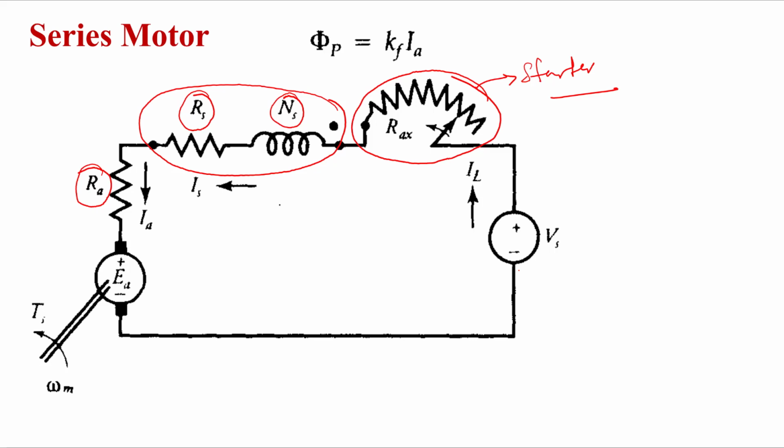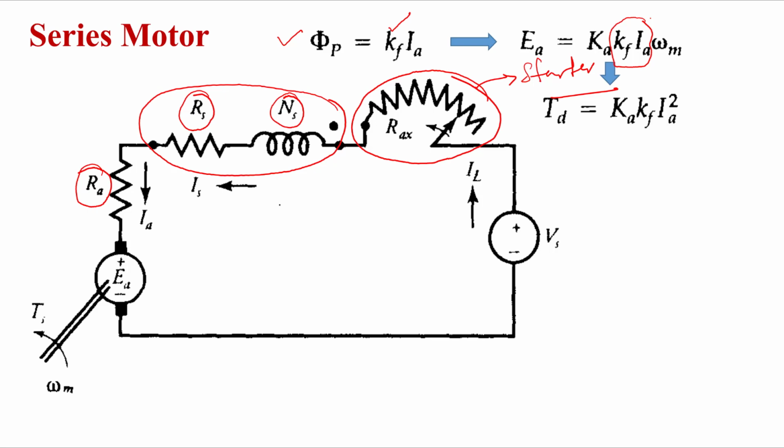Now if I write the equations for this, the field flux phi p, I can write as Kf Ia, because the same current is flowing through the armature and the field. Kf is the proportionality constant, and then it leads to the induced EMF, which is equal to Kf Ia omega m, instead of phi p, I write Kf Ia, right?